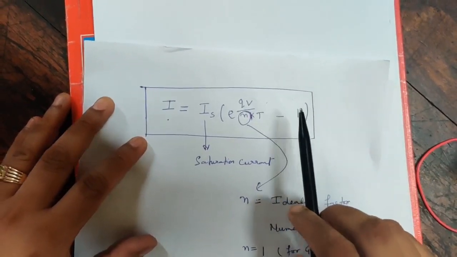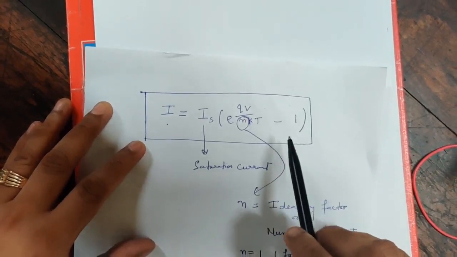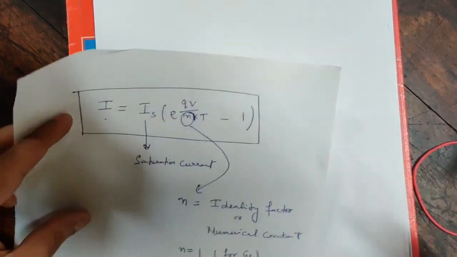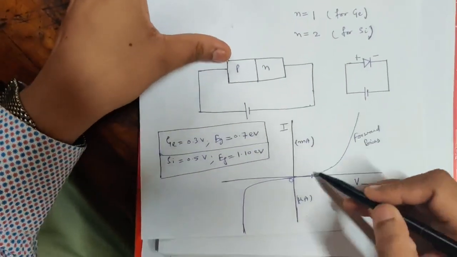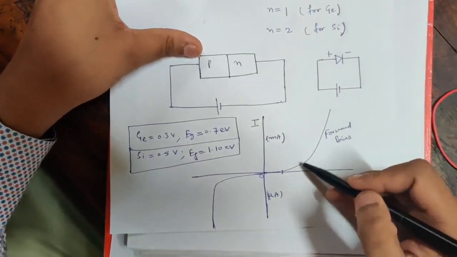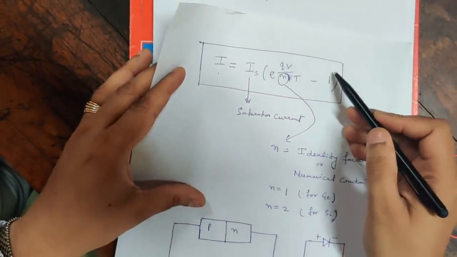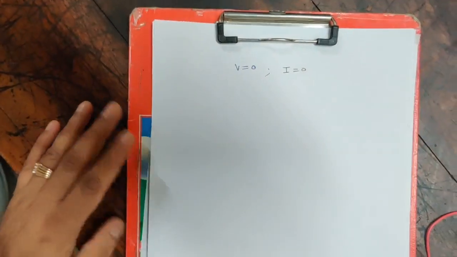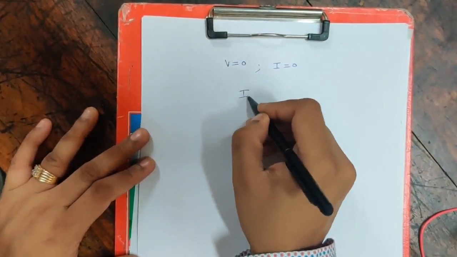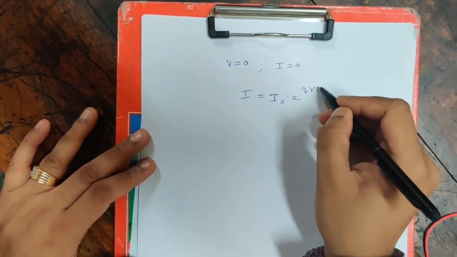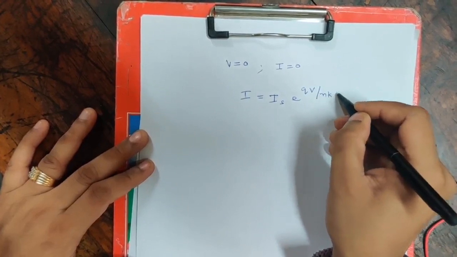Accordingly, the current increases exponentially with the voltage. That's why you can see the curve is just like an exponential curve, right? So here I can say that this factor will be neglected. Now I can write my equation as I equals Is e to the power qV by nkT.